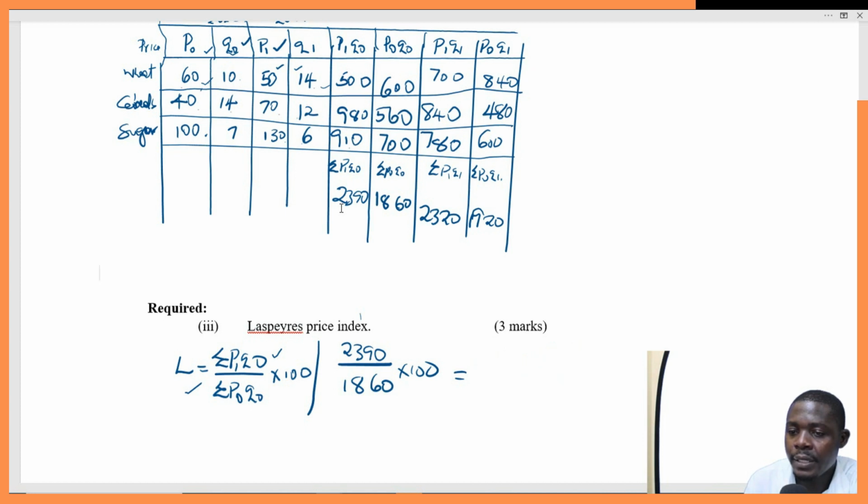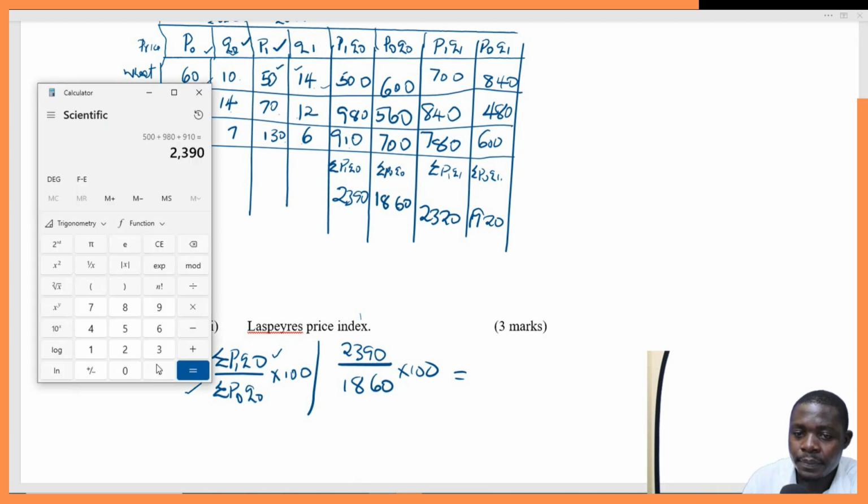Let's correct it. Let's use a calculator. 2390 divided by 1860, you get 128.